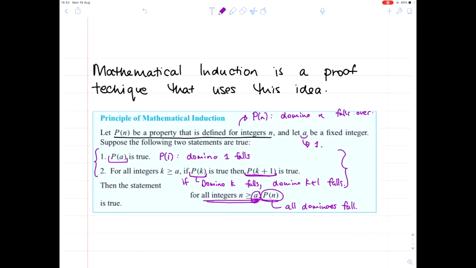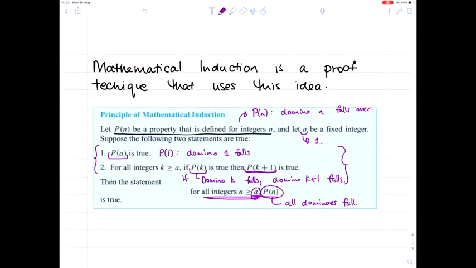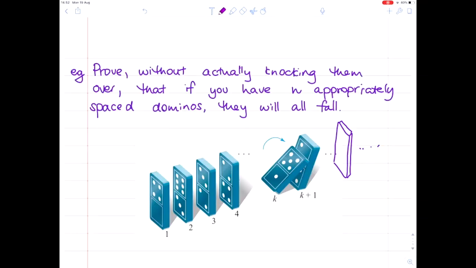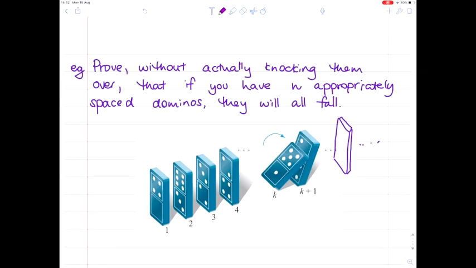We're going to look at a lot of examples of how to do this, and you'll get the hang of it pretty soon. Whenever you're thinking about this, think about how you would prove that the dominoes fall over. Remember, you always have to prove that you can knock over the first domino, and then you have to prove that if you knock over domino k, it's going to make domino k plus 1 fall over.